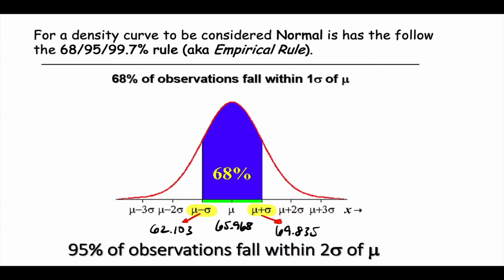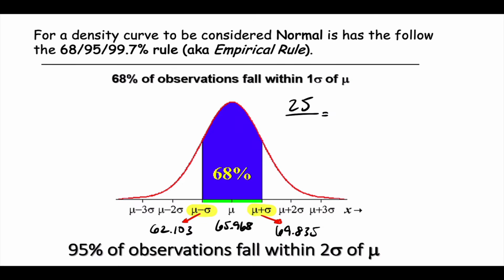How many numbers do you come up with? 25.